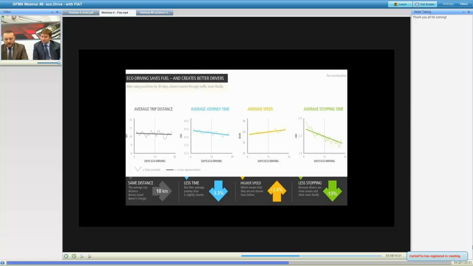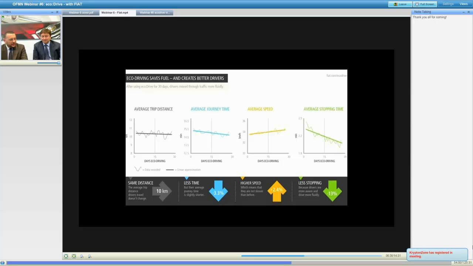What we saw is that the average trip while eco-driving doesn't change. We have the same distance, 10 kilometers, but what we discovered that is really impressive is that people that use eco-drive can save 3% of time. So eco-driving in general is not making your journeys longer, you are saving time, not only money and fuel.